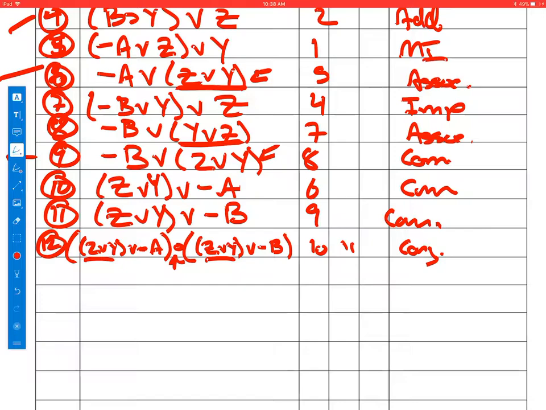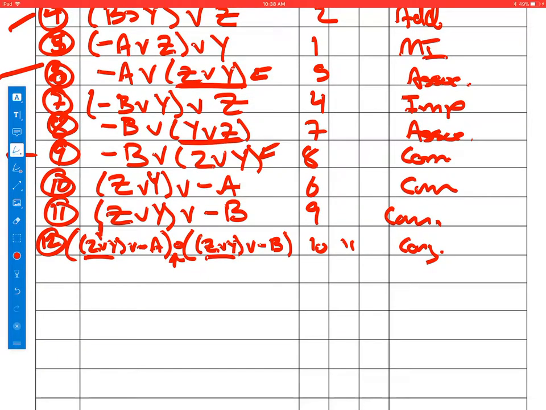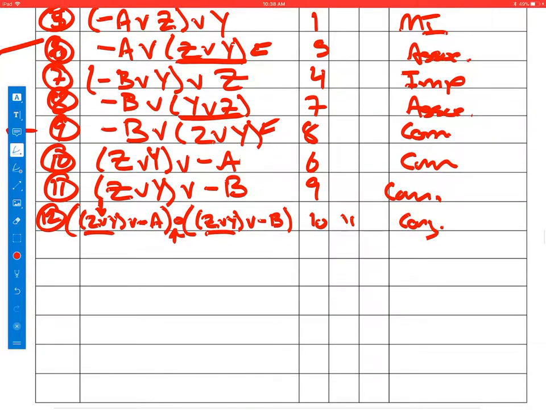Now, normally when we've done distribution in the past, we didn't have complex expressions, but remember those rules are argument and statement forms. So just think of this Z or Y as a blob that has been distributed to a not A and a not B, and we're going to undistribute it, as it were.